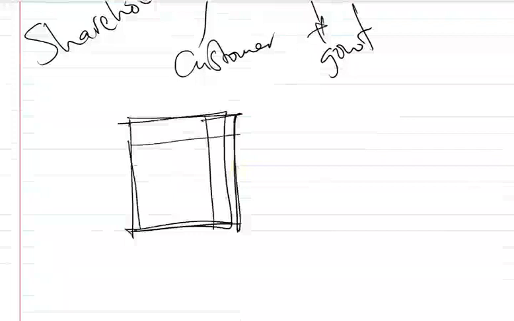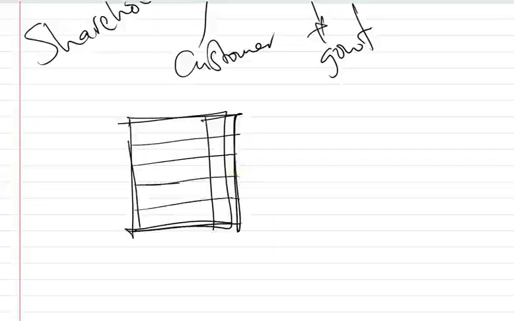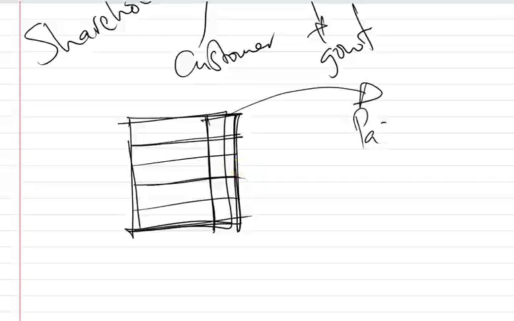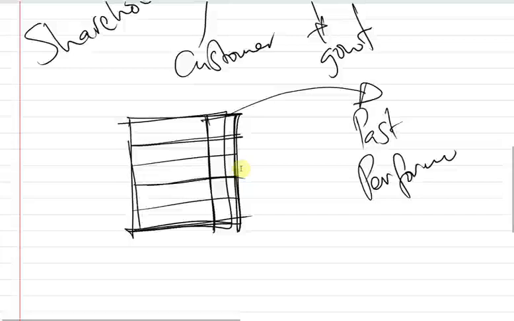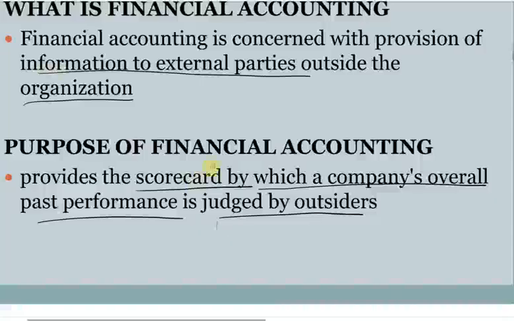So you are being given this scorecard as a person who's not part and parcel of running the business for you to judge the company's past performance, how the company has performed in the past, and you are able to record, I think it's performing very well. So that's the main purpose. The financial statement is providing that platform for you to actually make a judgment if a company is doing well or not. So that's the purpose.